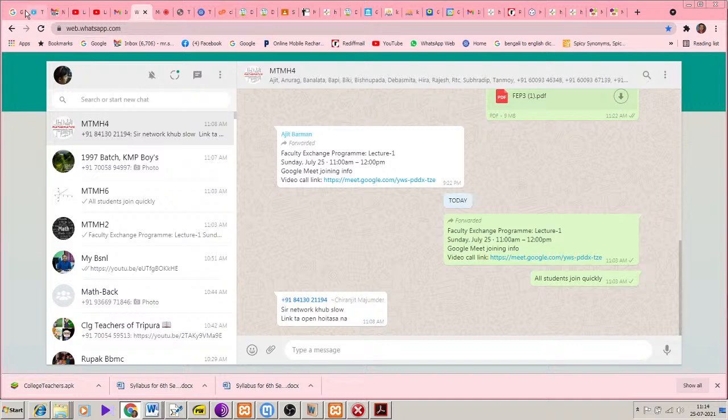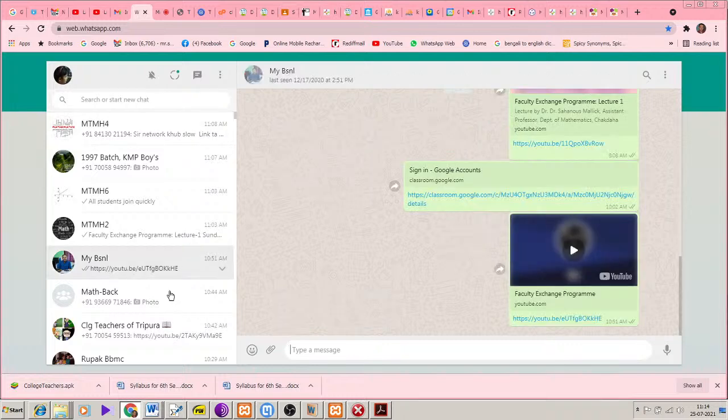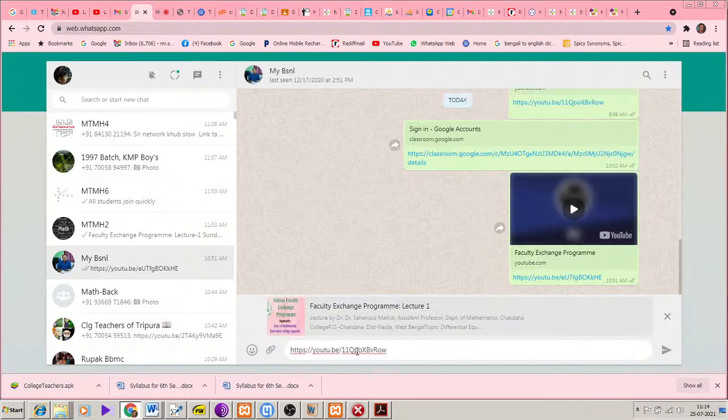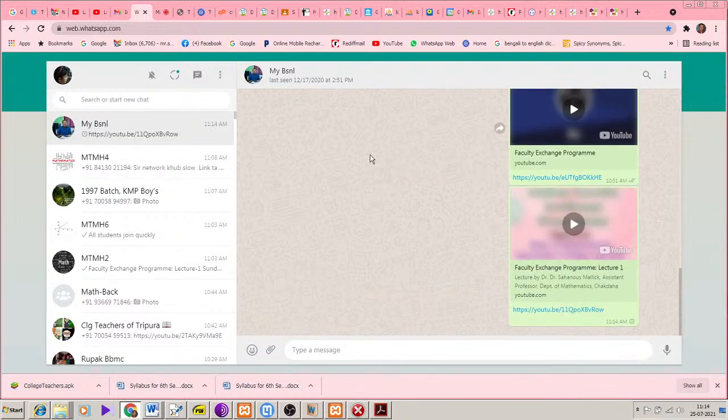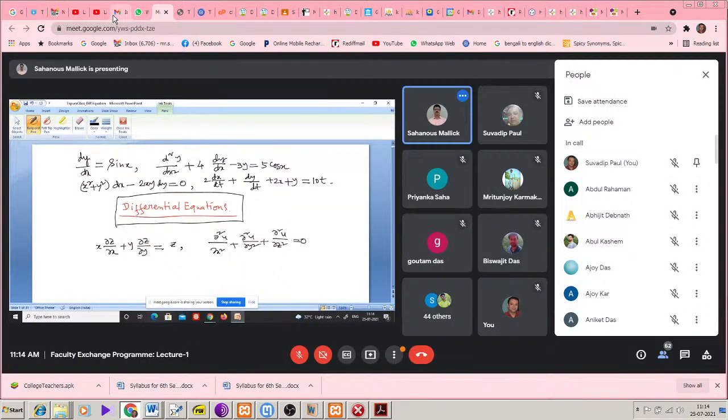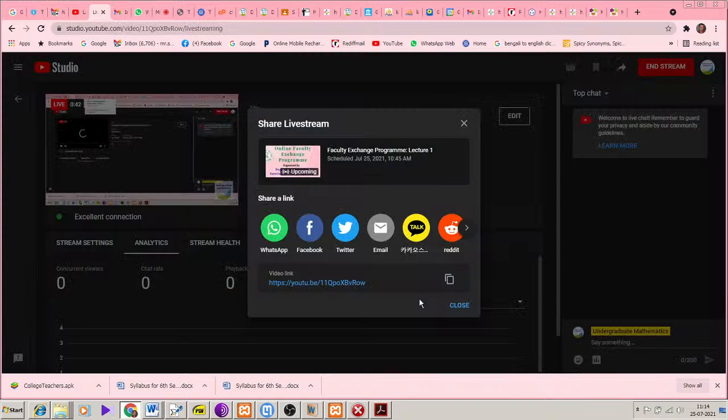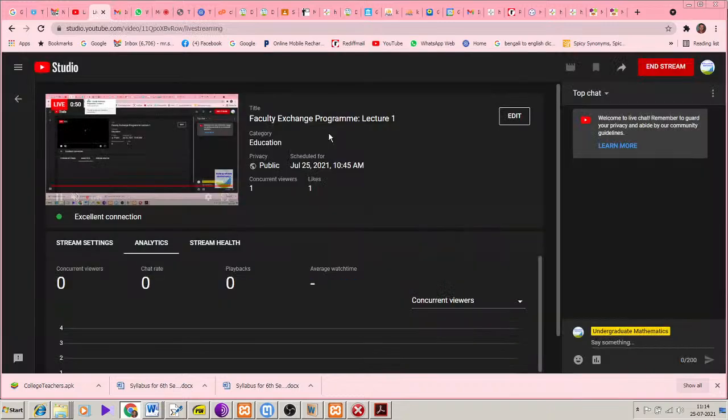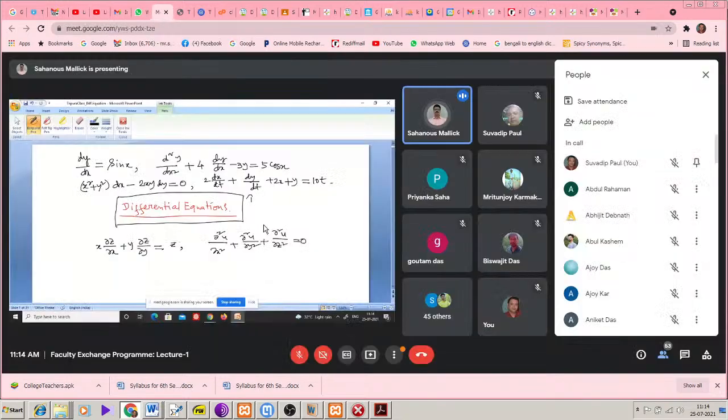Now, I want to say differential equations are divided into two classes. Ordinary differential equation, a differential equation has two branches.